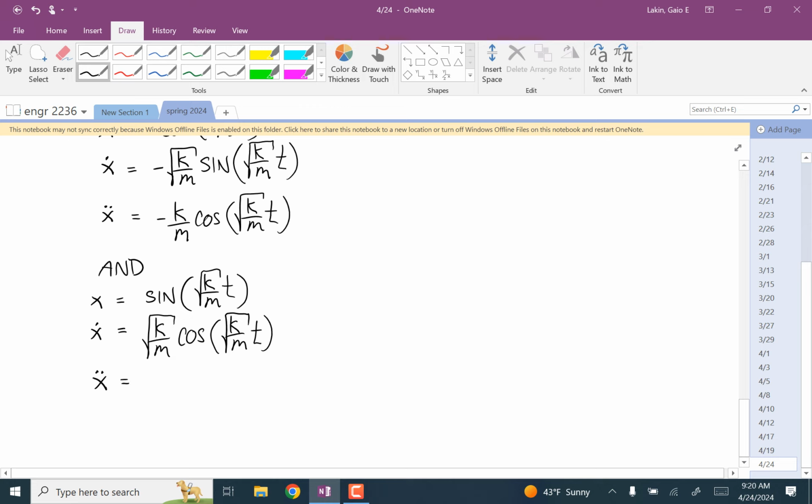And x double dot is negative k over m sine of square root of k over m t. Okay?